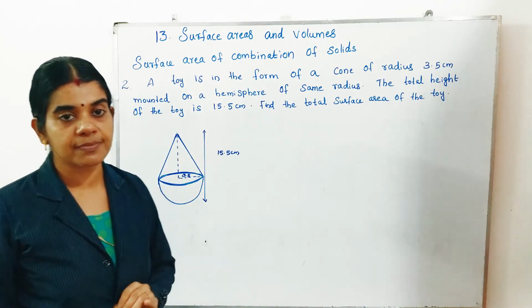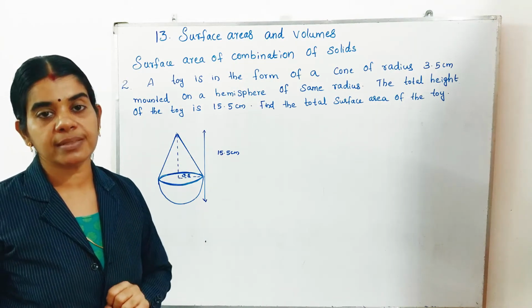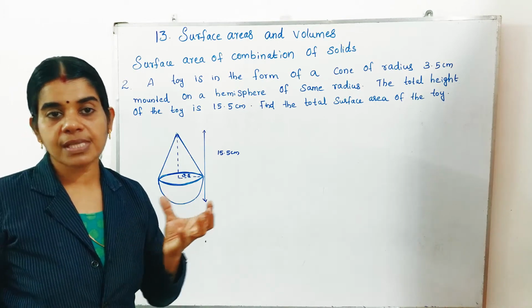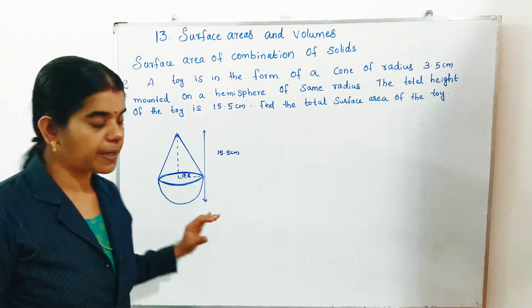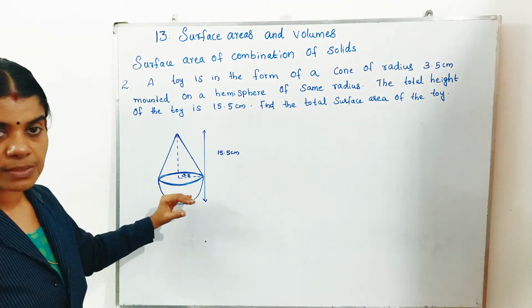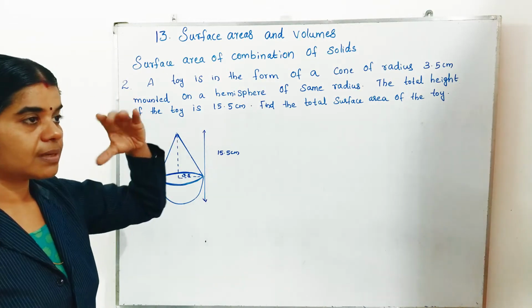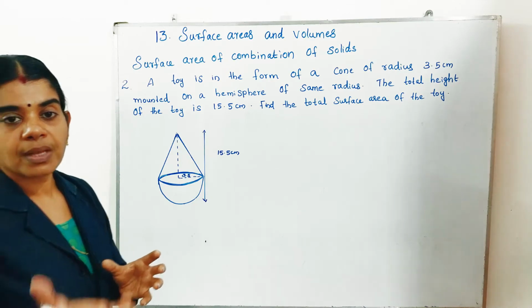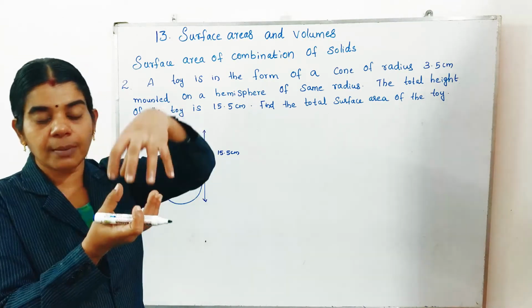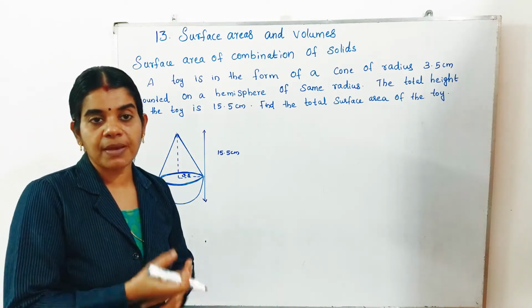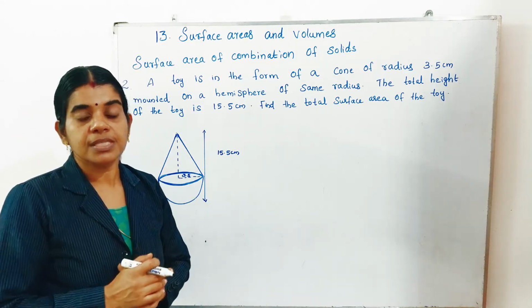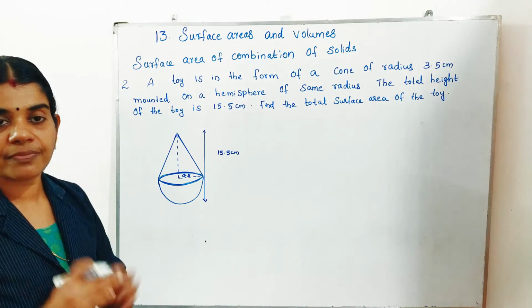What will be the total surface area? What all parts can you see from that? If you are watching, you can find the curved surface area of the hemisphere. We have one hemisphere, and on the top a cone is kept. What all shapes can we see in that toy?